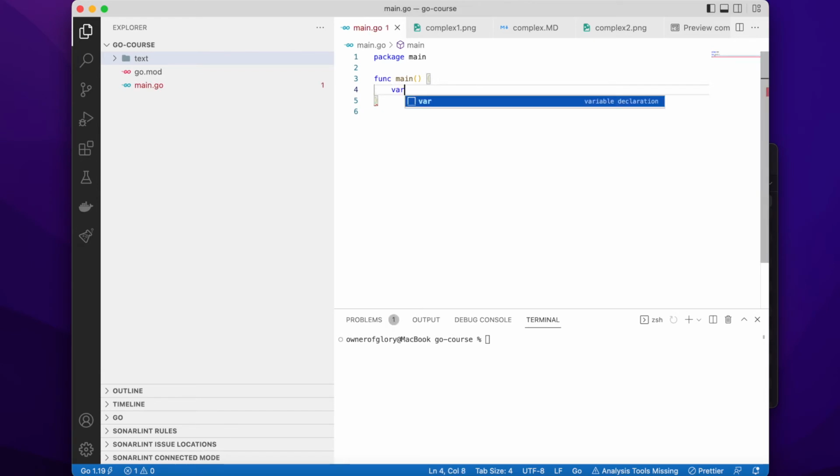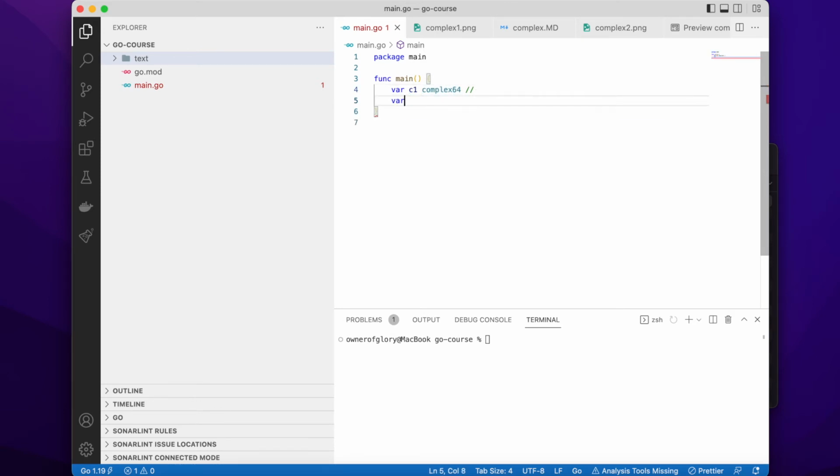As I said, Go has two data types for storing complex numbers. Let's create some variables of those data types, for example, complex64. Underneath, complex64 uses two float32 values. That's why its size is 64, so both 32.